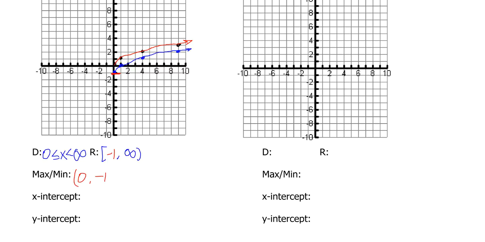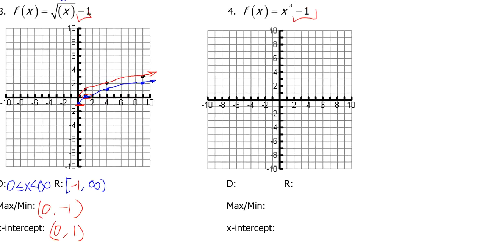The x-intercept of this is going to be at 0, +1. As you can see, it crosses right there. And the y-intercept is going to be at 0, -1. And there's that. Alright, now, number 4.